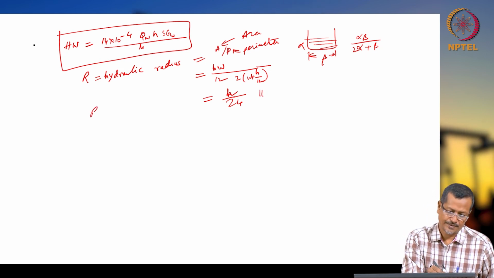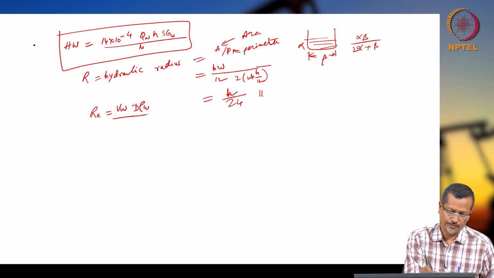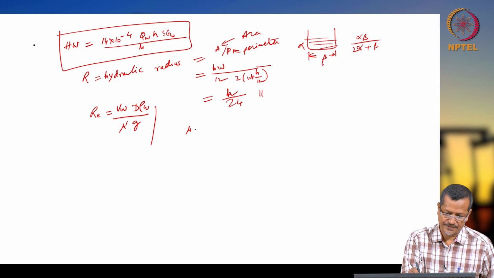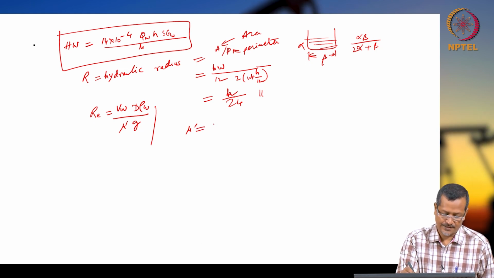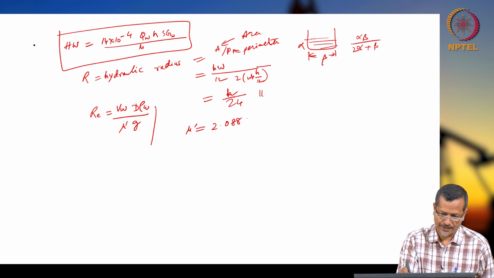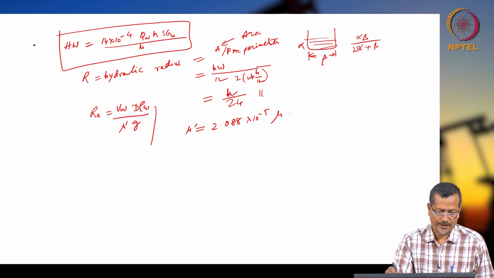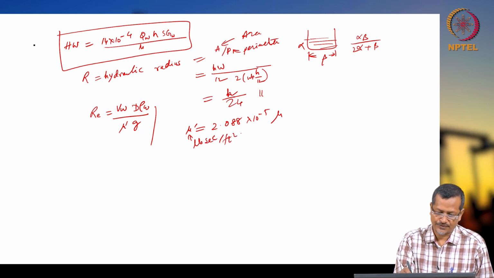And the Reynolds number value they are taking as VW D rho W over mu dash G, and mu in CP. So mu dash they are converting like this: 2.088 × 10^-5 mu. And the unit is different actually. Mu dash will be per second, feet square.